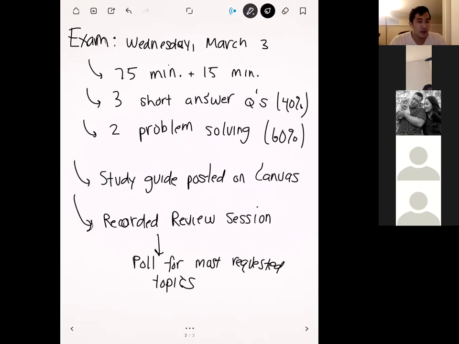Okay. And a word of advice for the poll. This happens every single year, no matter how many times I say it. When you vote on the poll, don't vote on everything, because that's basically the same as a no vote. When I'm looking at the poll responses, I'm looking at relative differences between the different topics. So if you vote for everything, that's literally the same as nothing, because then all the topics go up the same amount, and I don't see any relative differences.